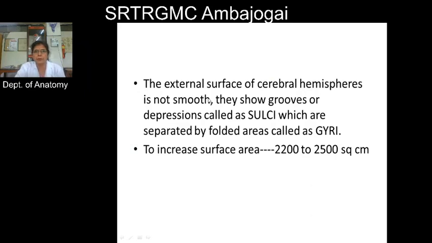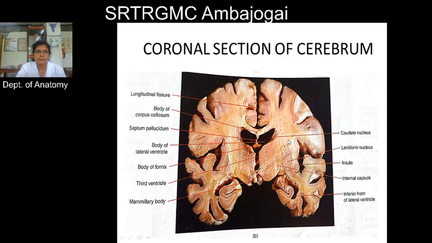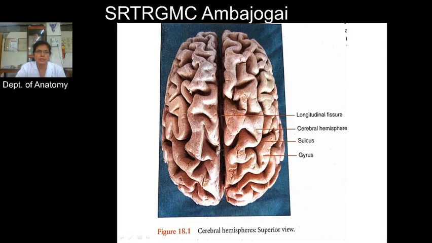The external surface of the cerebral hemisphere is not smooth. They show grooves or depressions called sulci, which are separated by folded areas, and these are called gyri. So this outer surface of the cerebrum is not smooth.